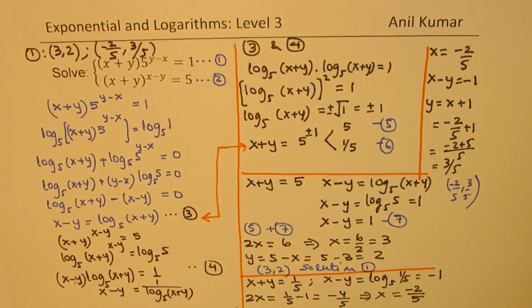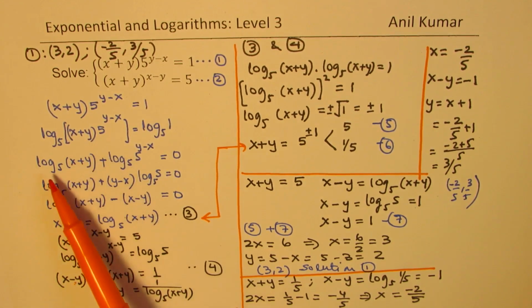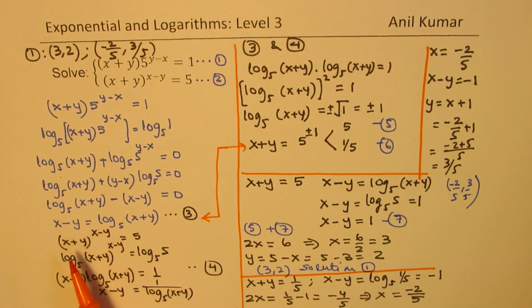Is that clear to you, right? So that's a very beautiful question. I hope you understand the solution. So basically what we did was, using log to the base 5, we found two equations with x plus y and x minus y, and then we solved those equations to get the values. So that is how you could solve this.